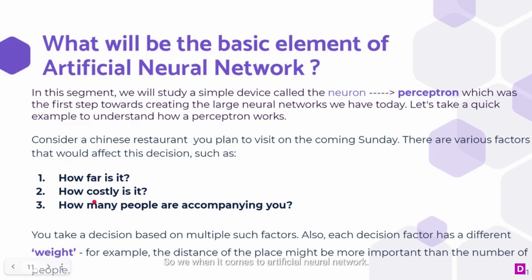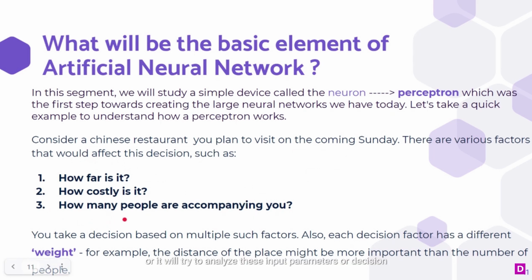And when it comes to an artificial neural network, the perceptron actually learns or takes the input parameters, that is, the decision parameters. The task of the perceptron is to decide whether to visit that Chinese restaurant or not. So the perceptron will receive these as input signals, and along with these decision parameters, there will be an associated weight for each of the decision parameters.